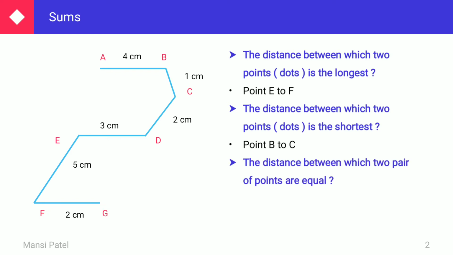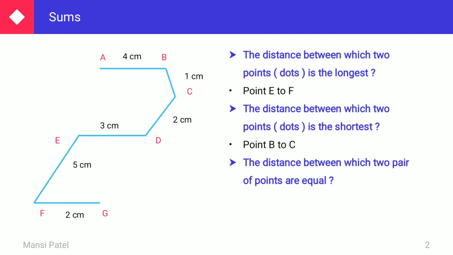Now, the distance between which two pairs of points is equal? In this image you can see two pairs whose measurement is the same. First of all, you have to see which two measurements are equal.